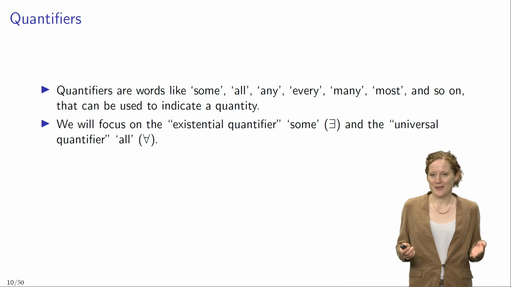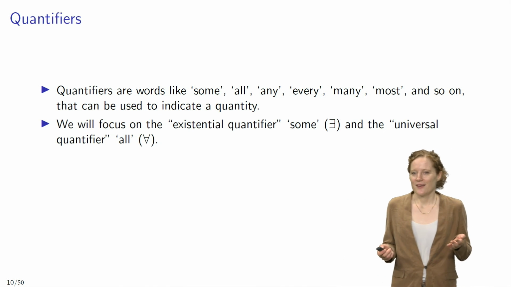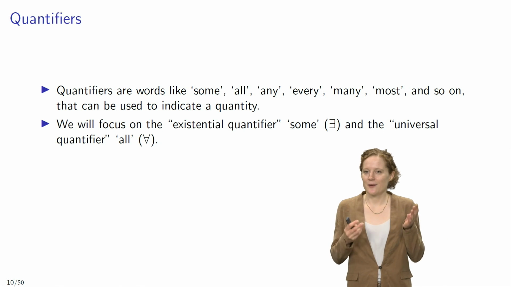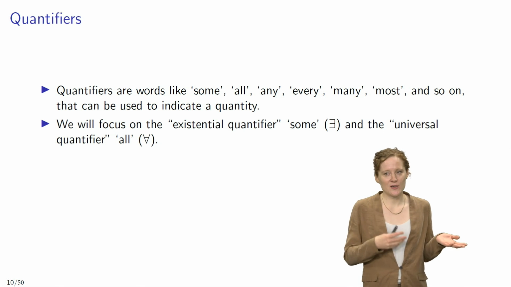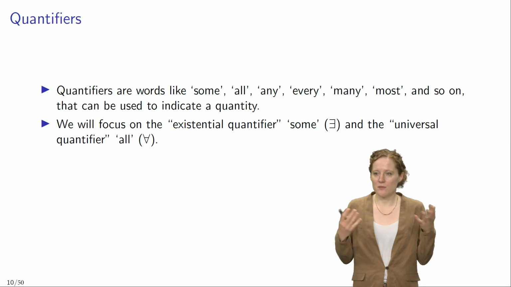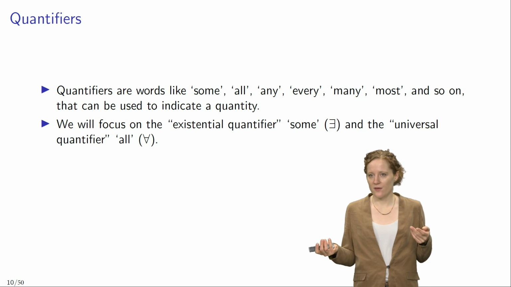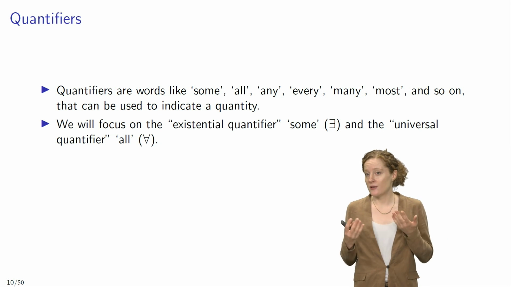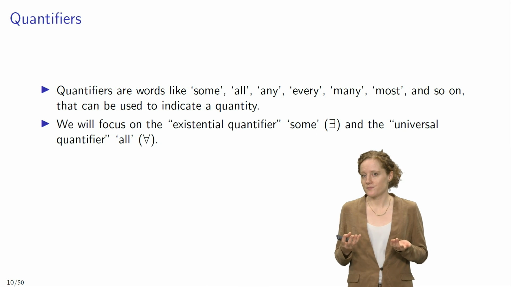Next, let's talk about quantifiers. English quantifiers are words like some, all, any, every, many, most, and so on and so forth that we can use to indicate a quantity.